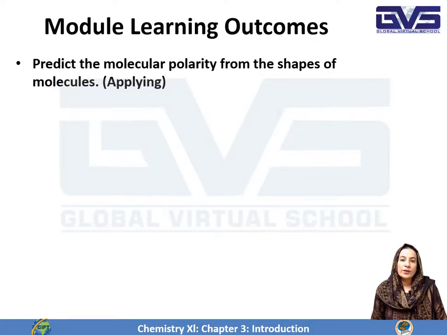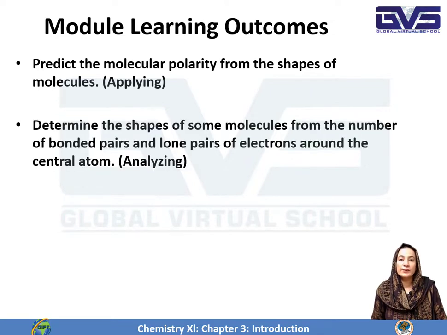And you will also be able to predict the molecular polarity from the shapes of molecules, whether a molecule is polar or non-polar, and you will be able to determine the shape of molecules from the number of bonded pairs and lone pairs of electrons around the central atom. Bonded pairs means the electrons that are shared between two atoms, and lone pairs are not shared between atoms.